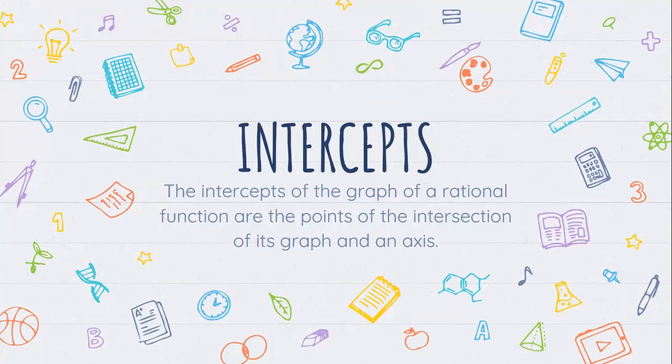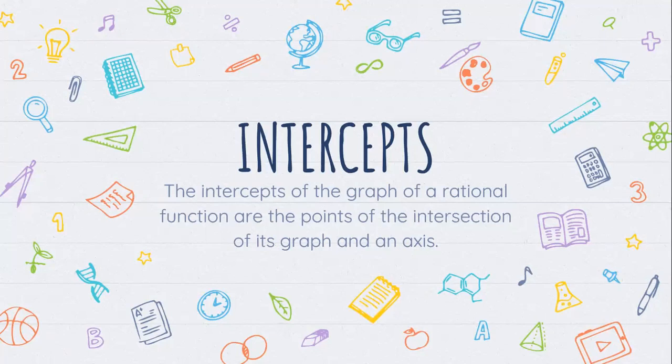The point where the graph intersects or crosses or touches any of the axes would be the intercept. Kung ilang beses tumama or tumawid sa x-axis or y-axis, yung point kung saan sila tumama is what we call the intercept.